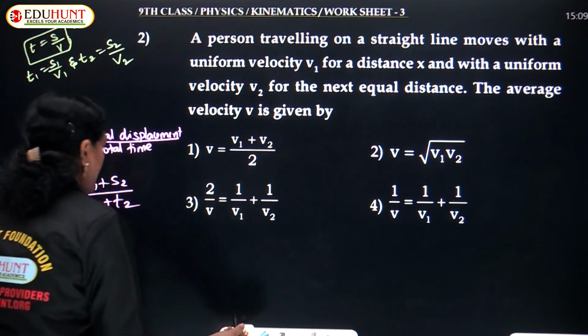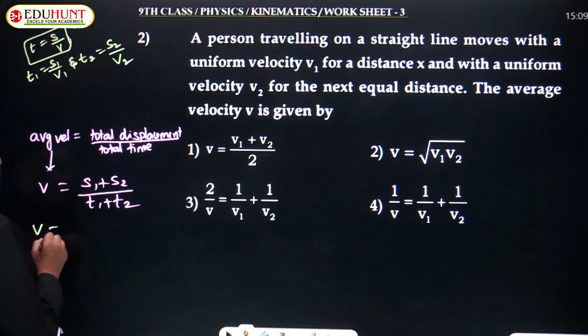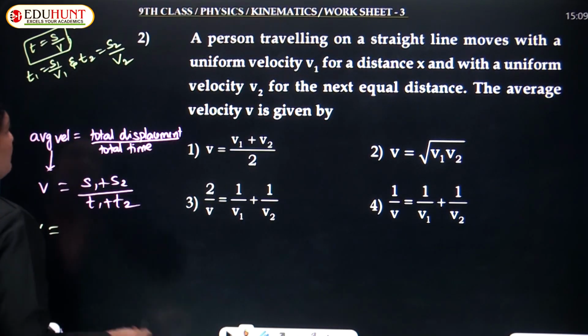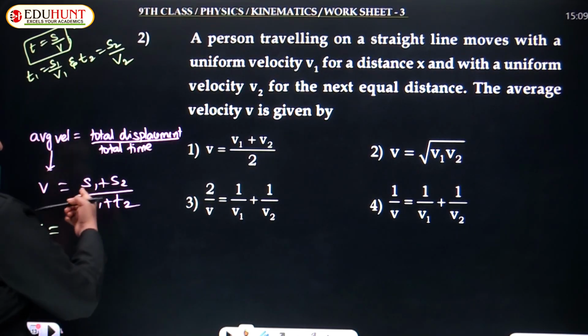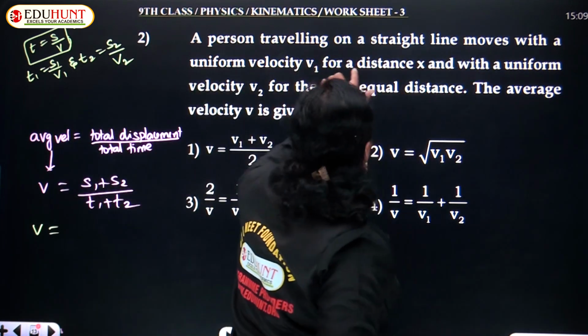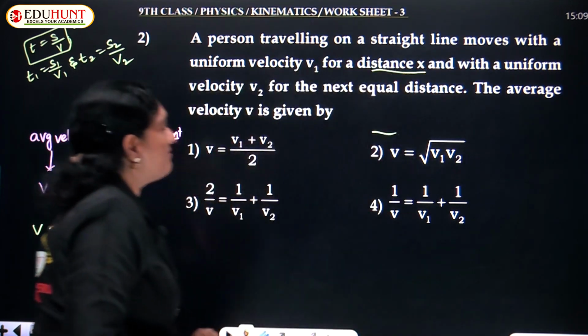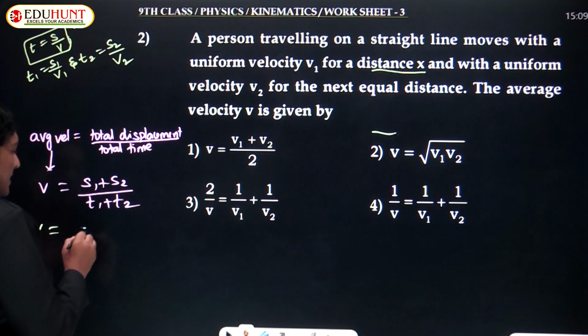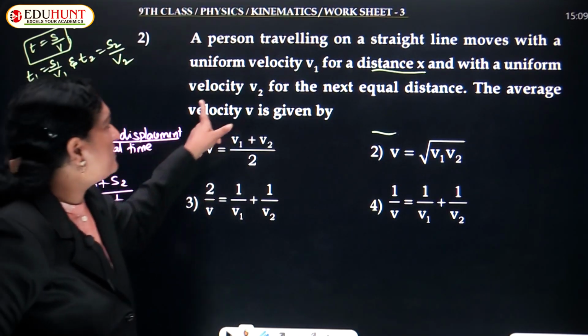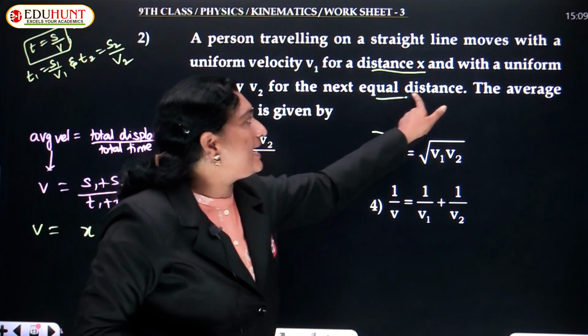Substituting the values in the above equation, we have average velocity equals S1 plus S2 upon T1 plus T2. They have given that it moves with a uniform velocity for a distance x, so the value of S1 is x, and with uniform velocity v2 for the next equal distance.